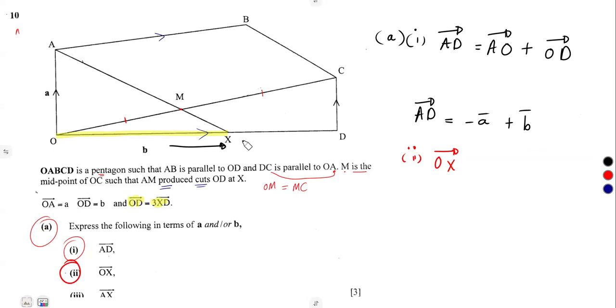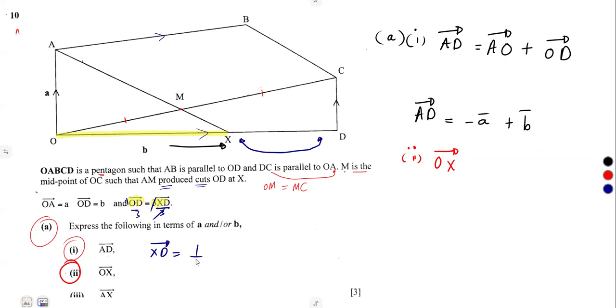We can have this part from X to D from the given ratio. XD, just divide by 3 here. So vector XD is going to be 1 over 3 of OD.